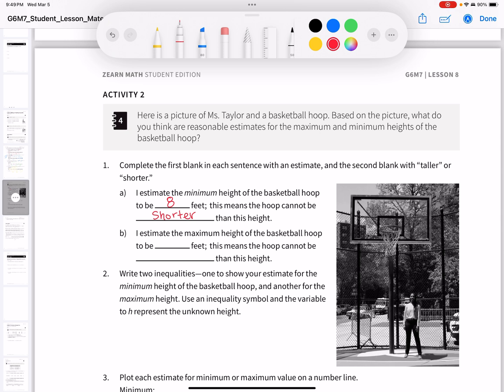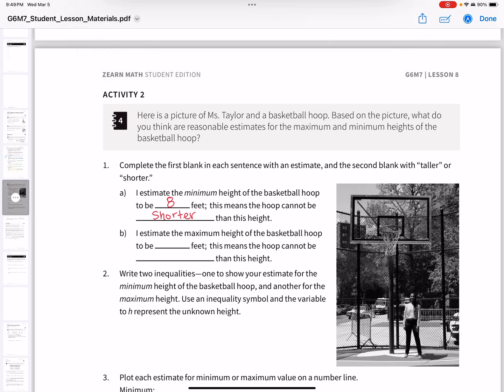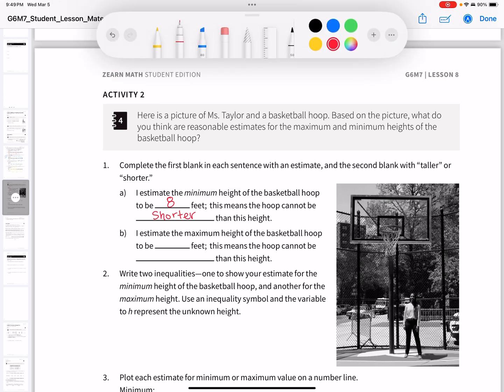So my husband's playing basketball and he wants to work on his dunks, right? But he's got to work on his jump. So he wants that basketball hoop as high as it can go. So I'm going to say that basketball hoop can go up to 12 feet. That means the hoop cannot be taller than 12 feet.